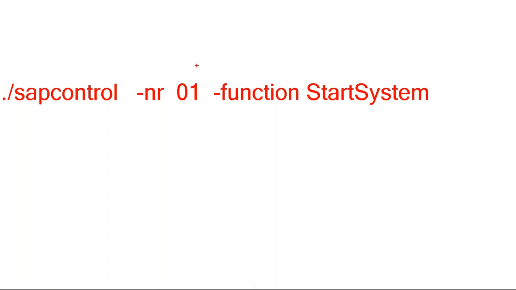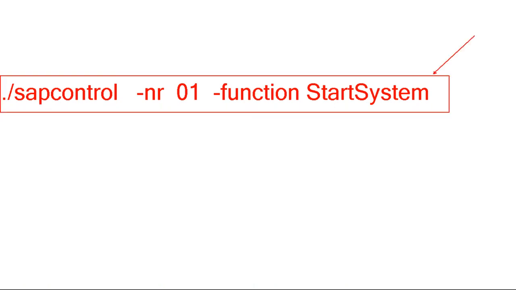For starting SAP in Linux we need to use this command. But in Windows, there is no need to use any command. Directly go to the system, right click on it, and stop or start. But this is a Linux system, so we compulsorily need to use the command. This is the command: sapcontrol hyphen nr 01, where 01 is the instance number.